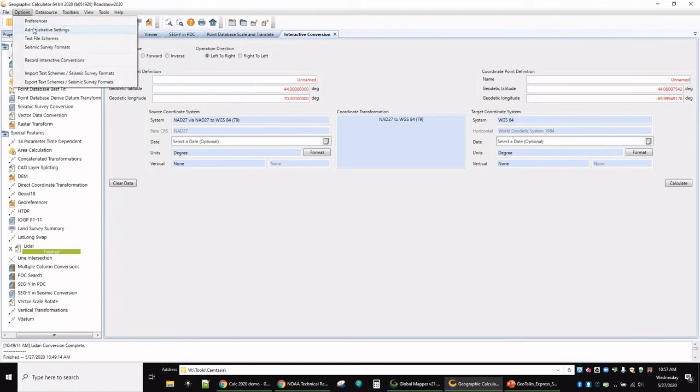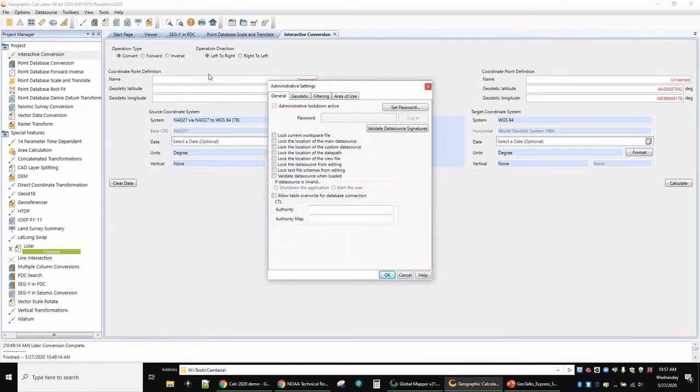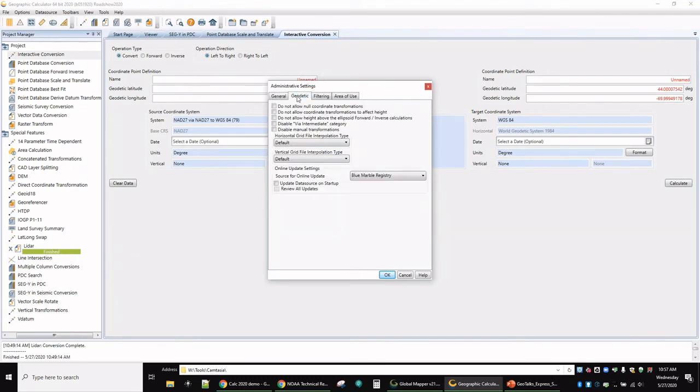And I'll show you if we go into Options, Administrative Settings, on this Geodetic tab, there are now a couple of new features. The Blue Marble online registry is there by default, but we can add a new registry.